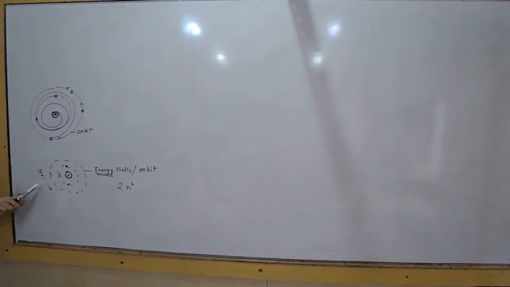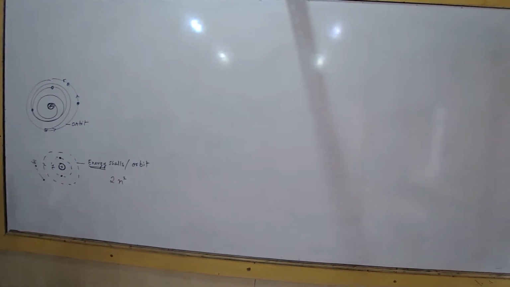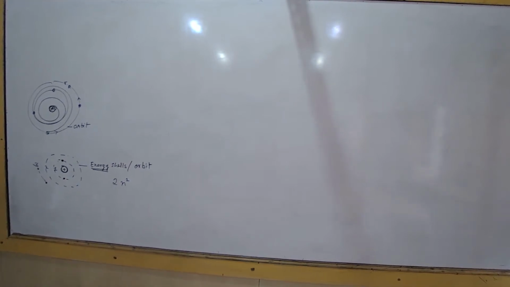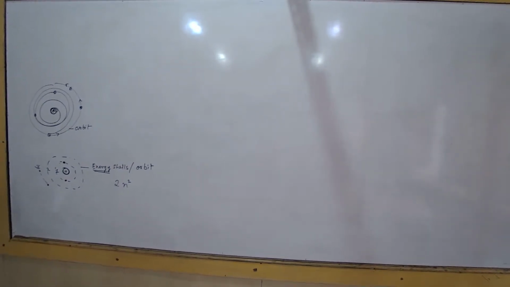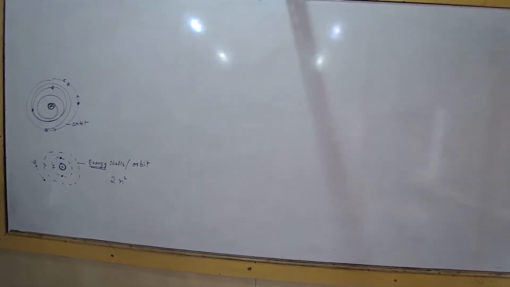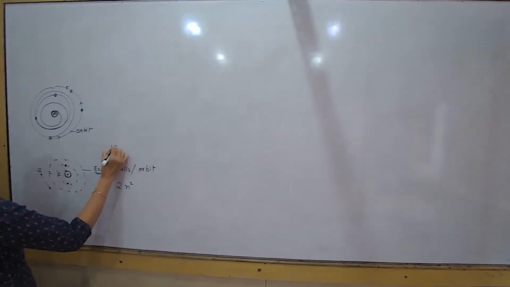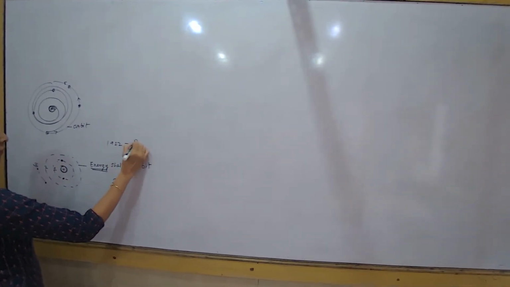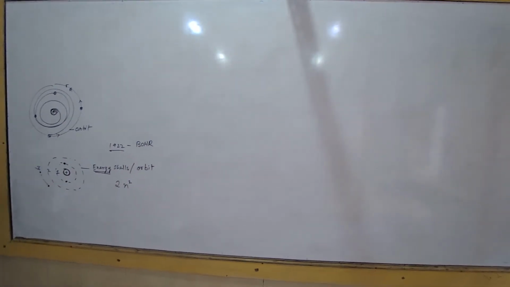Is this okay? Is it clear? Chalo, read Bohr's theory. In order to overcome the objection made against Rutherford's model of the atom, Bohr put forward the following postulates about the model of an atom. Only certain special orbits known as discrete orbits.